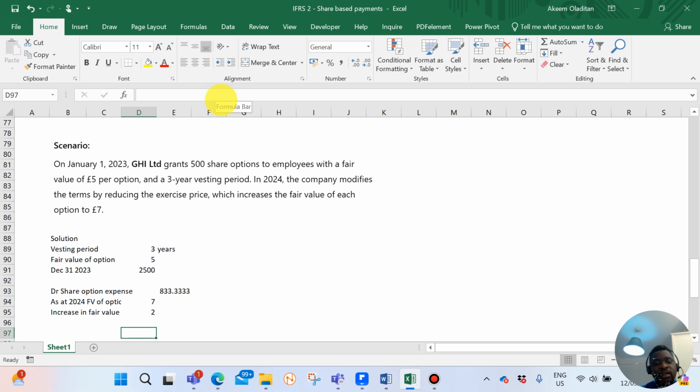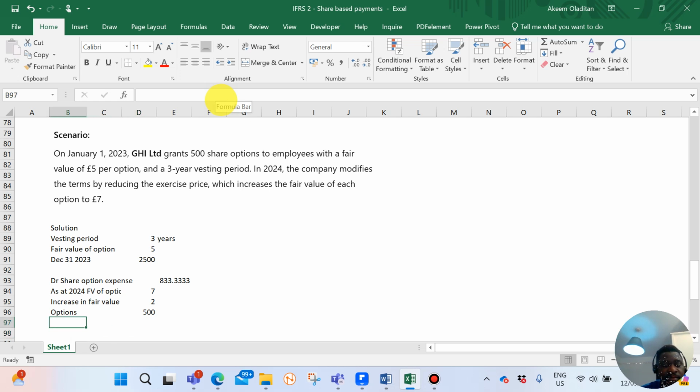So because the total options available is still 500, you now say incremental value of option.